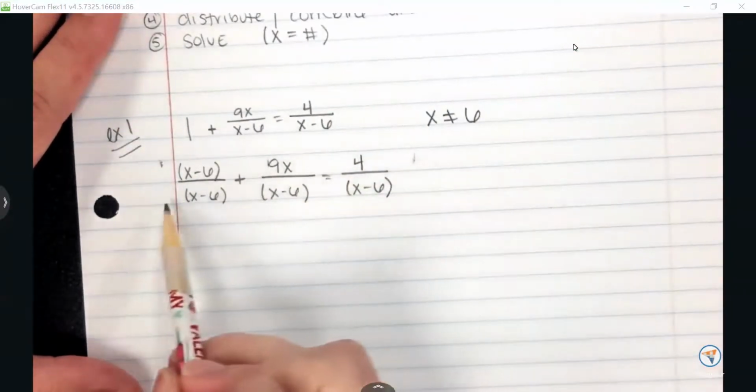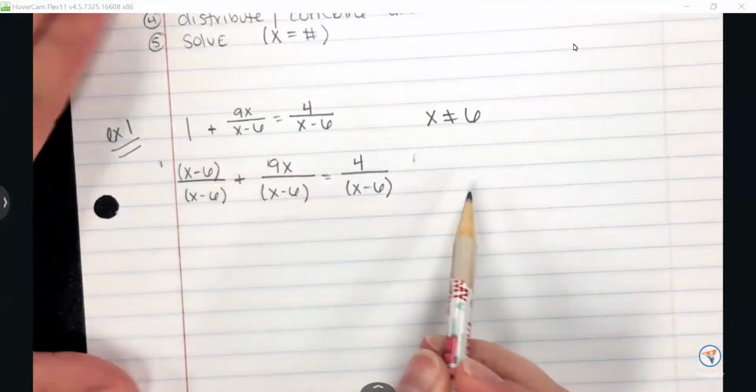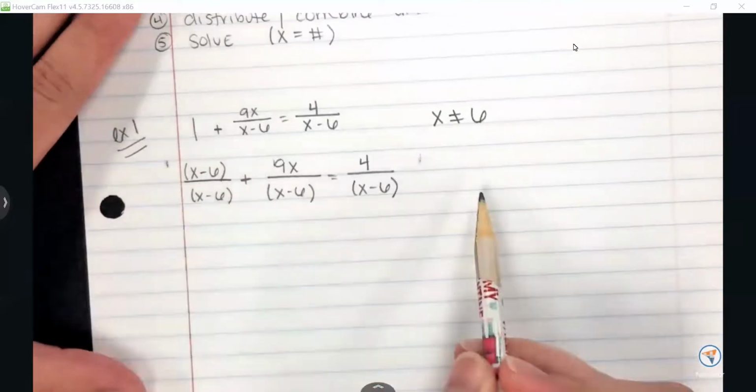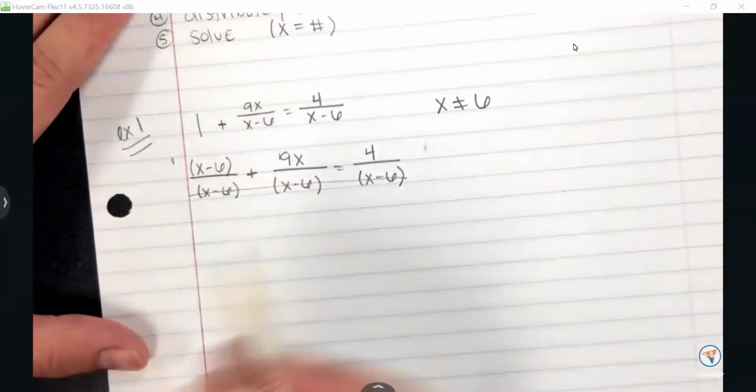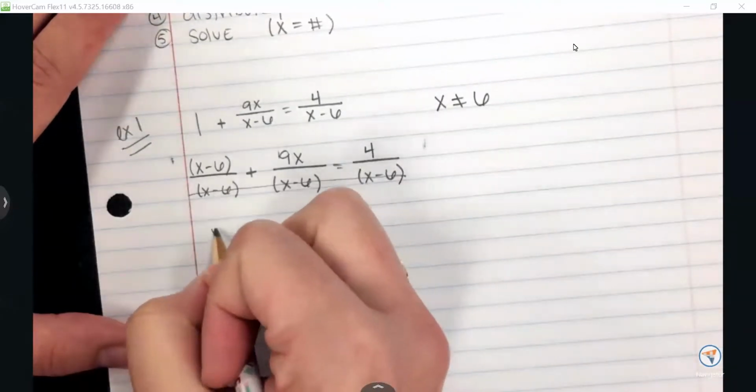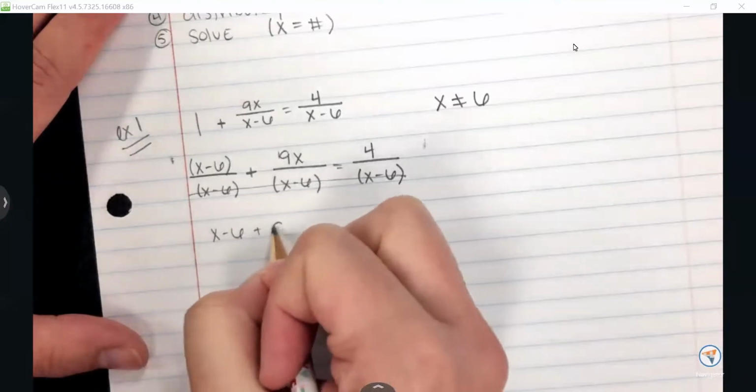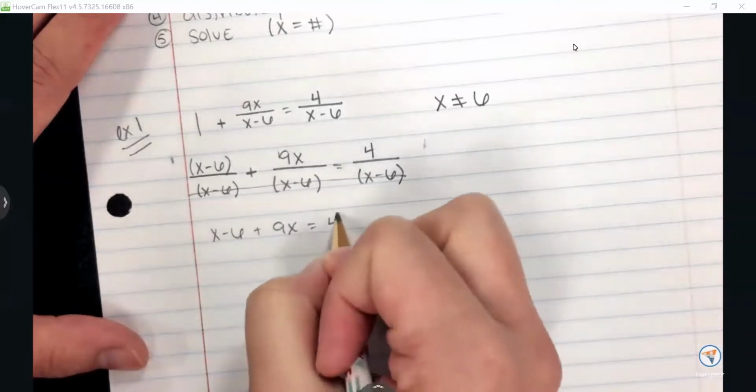So whenever I have all common denominators, not just two, all of them have to be common denominators, I no longer have a denominator. So I will have x minus 6 plus 9x equals 4.